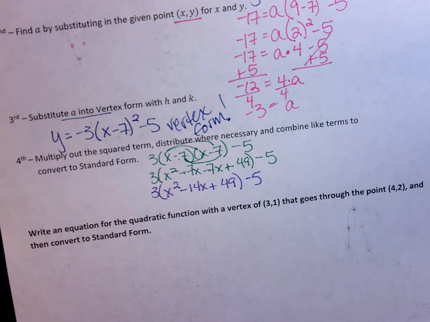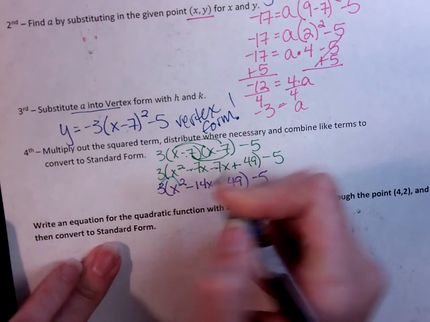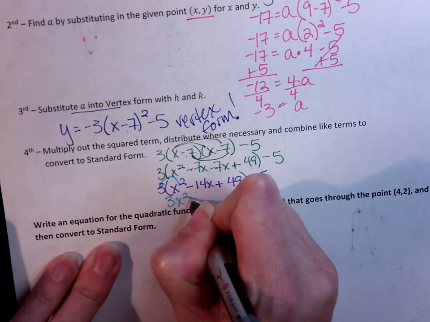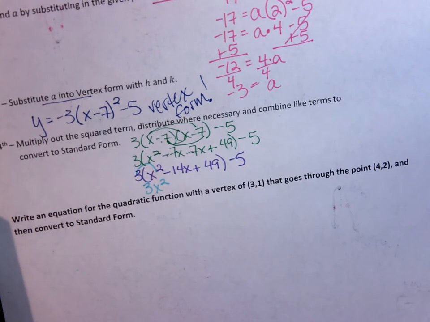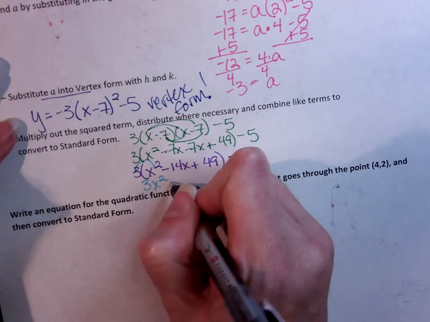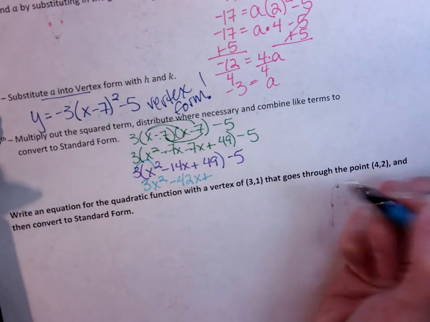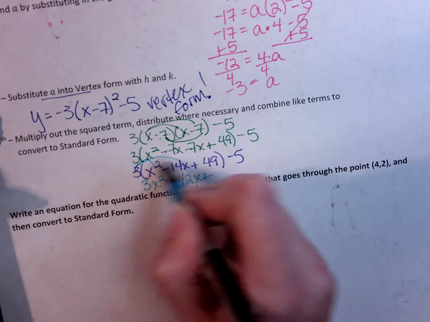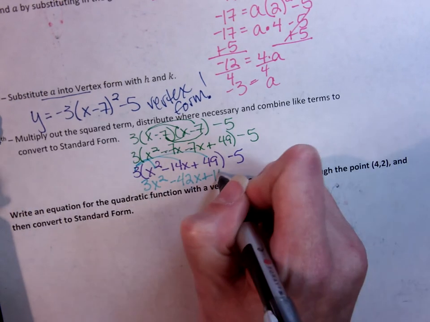Okay. And when we do that, 3 times x squared is 3x squared. 3 times negative 14 is negative 42x plus 3 times 49 is 147.